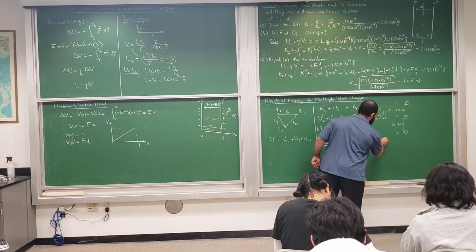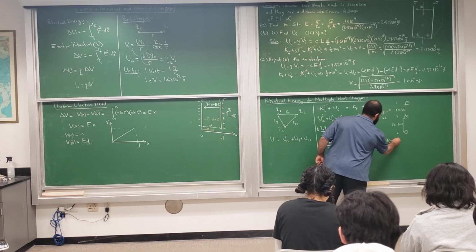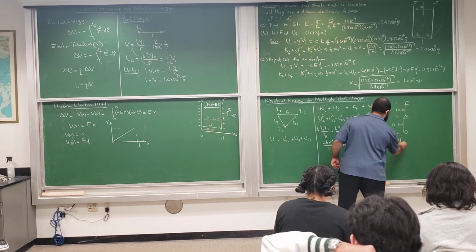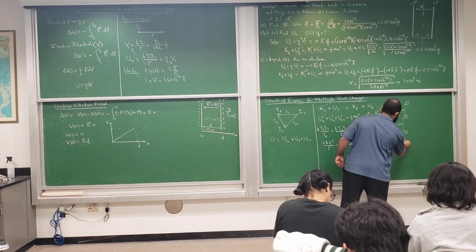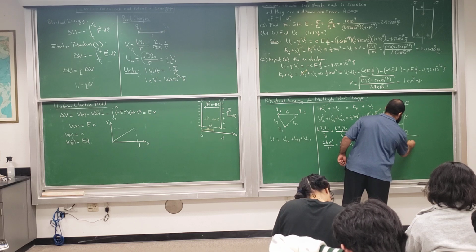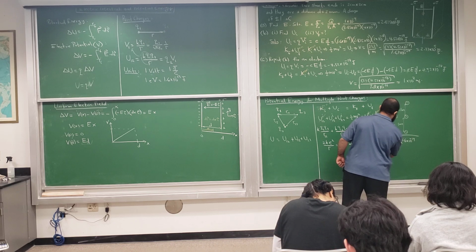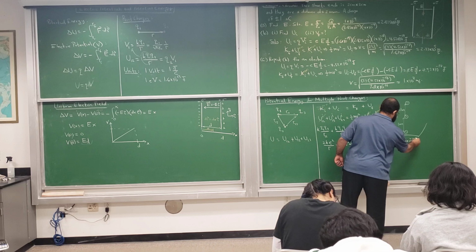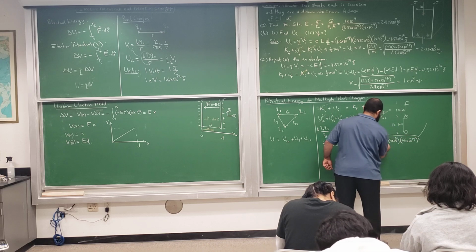We can plug in, so 4, 9 times 10 to the 9, 1.6 times 10 to the minus 19 squared.